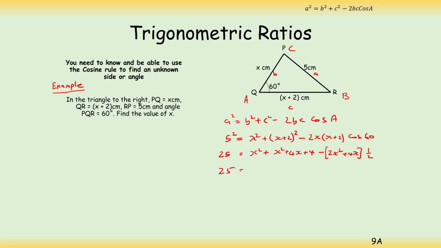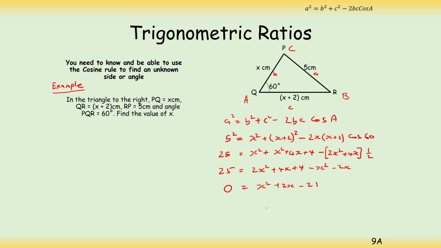We've got 25 is equal to, we've got 2x squared there, plus 4x plus 4, and then if we multiply that by the half and expand it out, it'll be minus x squared and minus 2x. So if we put everything on the right hand side, 0 is equal to 2x squared minus x squared, so x squared, 4x minus 2x, so plus 2x, and then 4 minus 25 is minus 21.